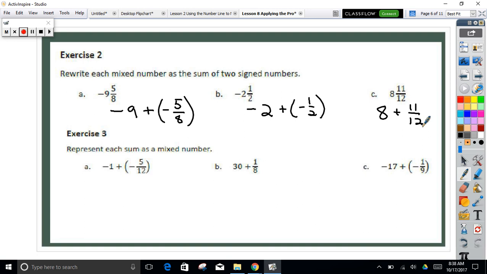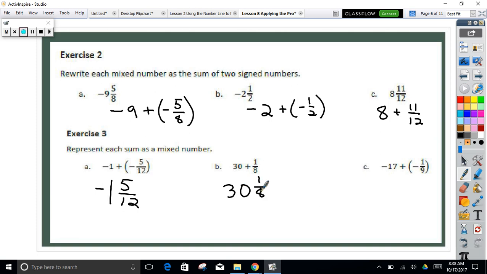Okay, for the next exercise, we're going to do the opposite. We're going to take each sum and write it as a mixed number. Eli, what would letter A be? Negative 1 and 5/12. Good. Letter B, Jake. 30 and 1/8.